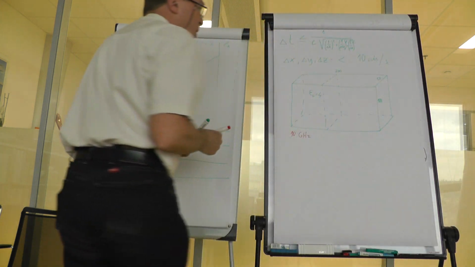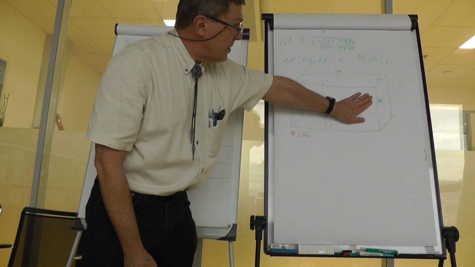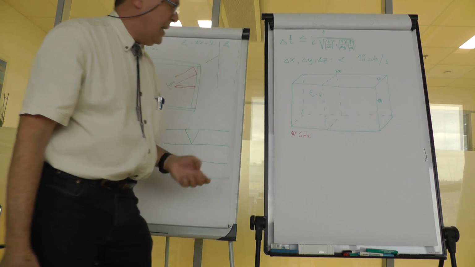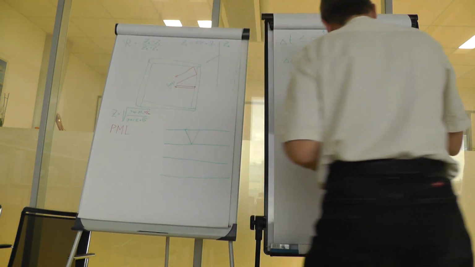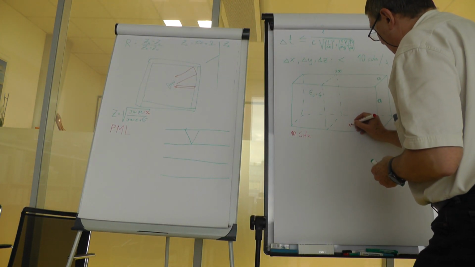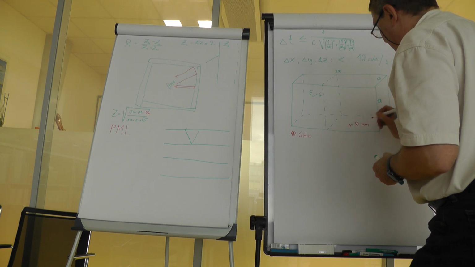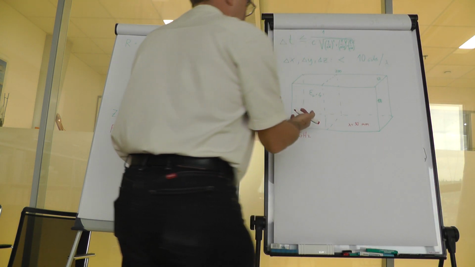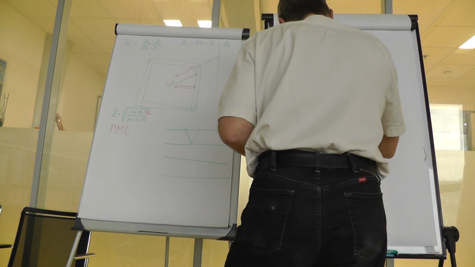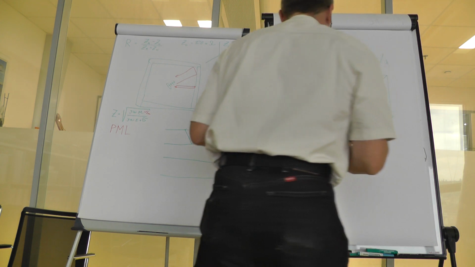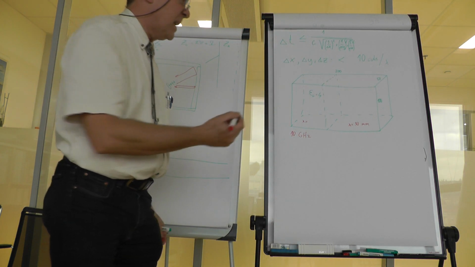If this is true, the wavelength in free space at 10 gigahertz is 3 centimeters. So we have here lambda equivalent to 30 millimeters. In the denser part, the wavelength is inversely proportional to the square root of relative permittivity.